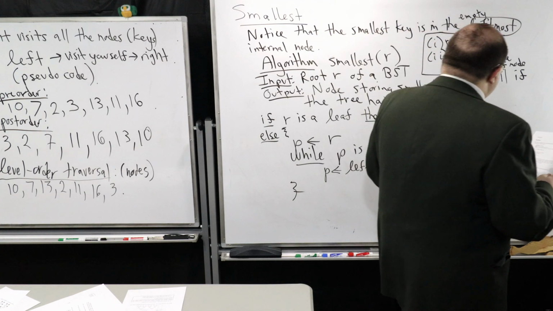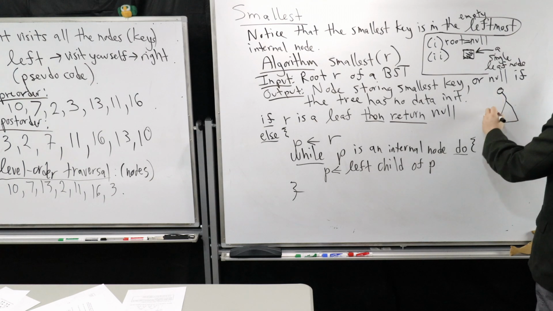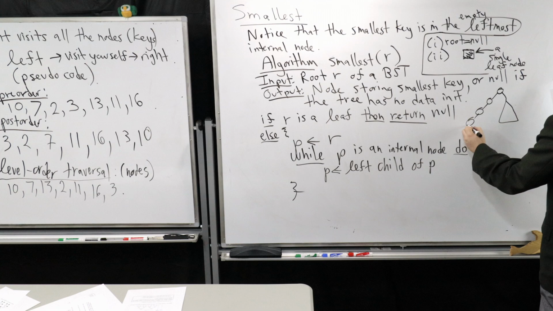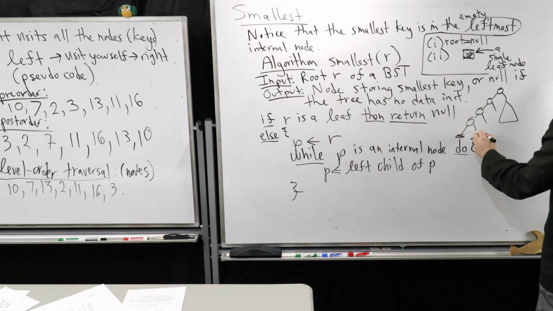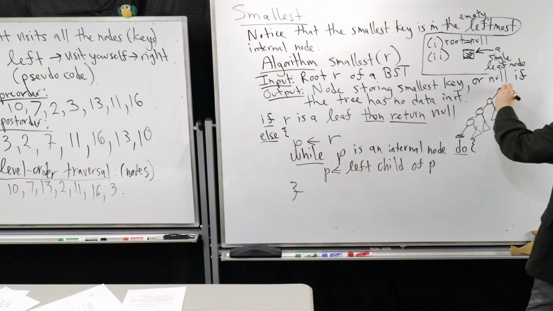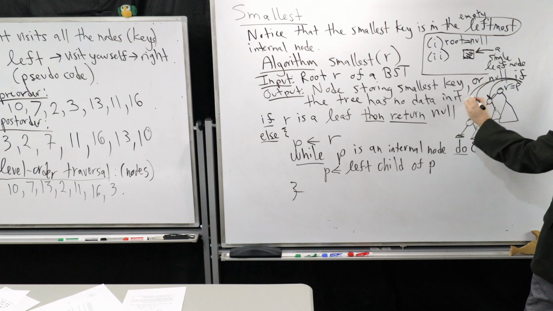Now, you might ask, okay, so what's going on here? Suppose I have some tree, there's some subtree here, and I have a whole bunch of nodes here. Eventually, there's going to be some leaf node here. All of these might have some more stuff going on. So the idea is that R is right here. I assign this to be P, but then I update P to always be the left child of each one of these, right?